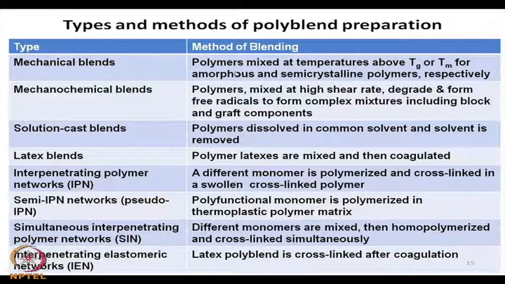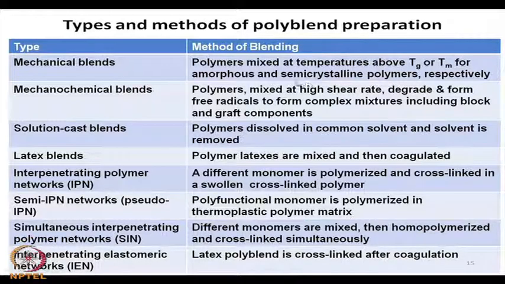If the two component polymers are amorphous, they can be mechanically mixed in mechanical blenders, like a polymer mixer, say a 2-roll mixer or an internal mixer, by heating the polymers above their glass transition. Above their glass transition, the polymers become soft and flexible, and then the amorphous component polymers can be mixed.